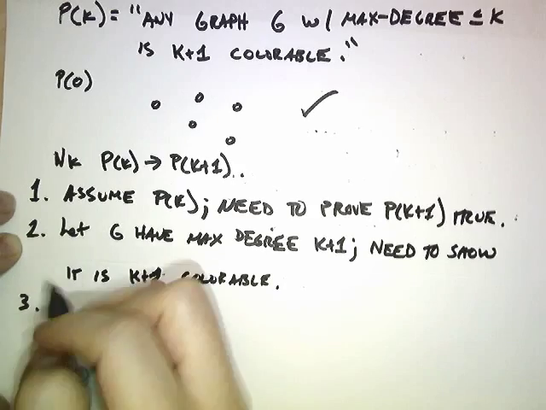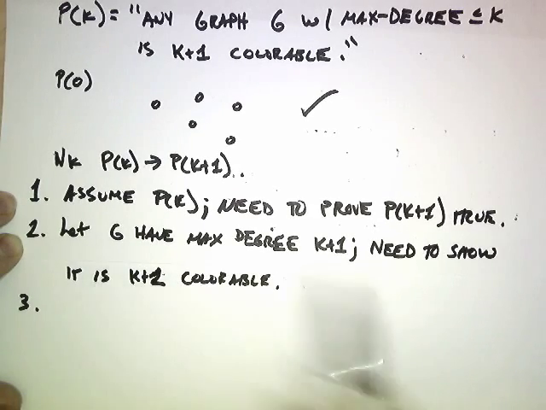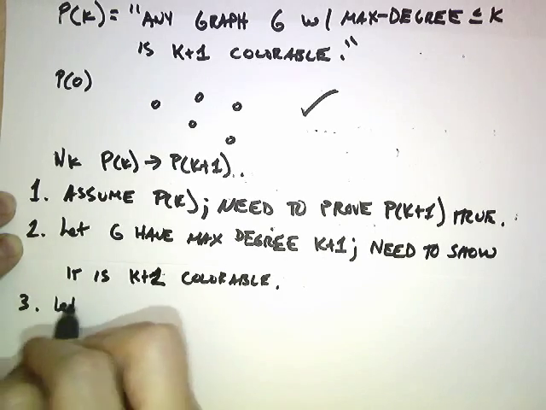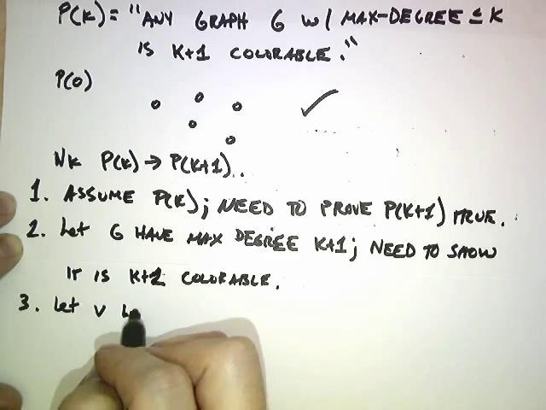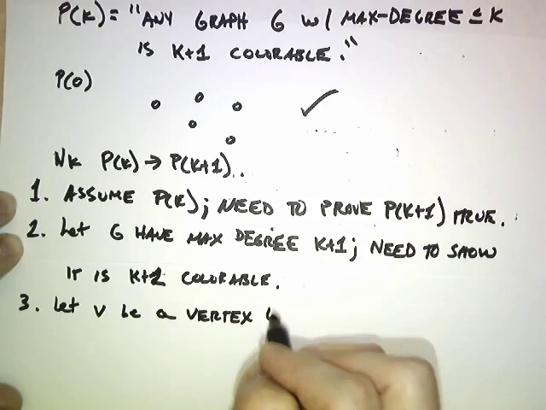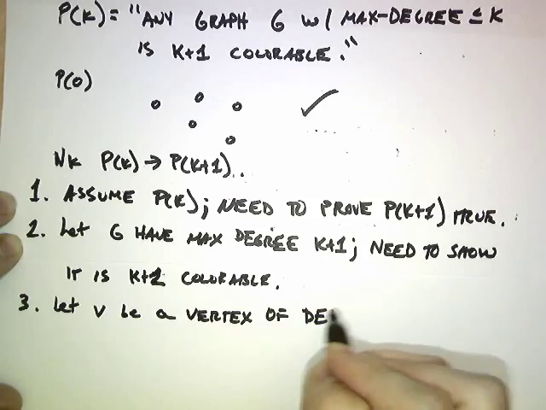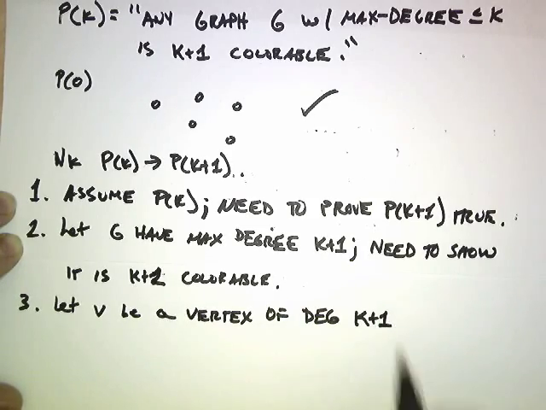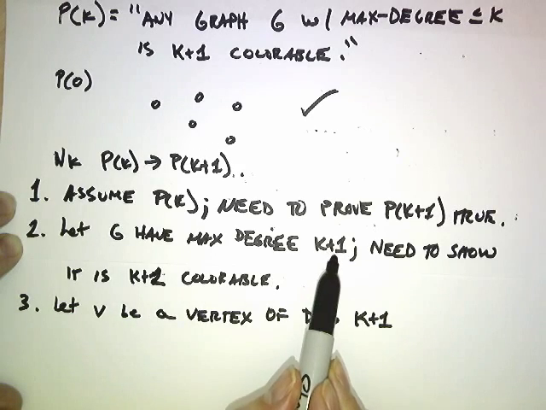My step 3 would be, since G has max degree k plus 1, then there has to be a vertex with degree k plus 1. So let V be a vertex of degree k plus 1. Okay, like I said, G has max degree k plus 1.